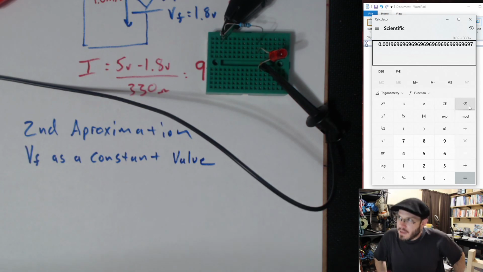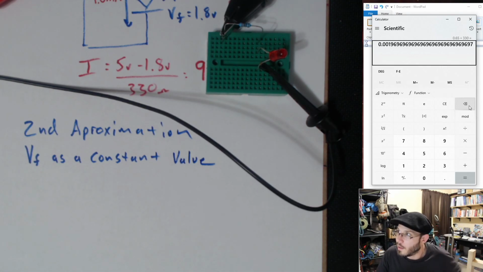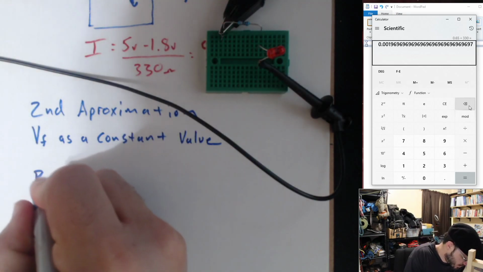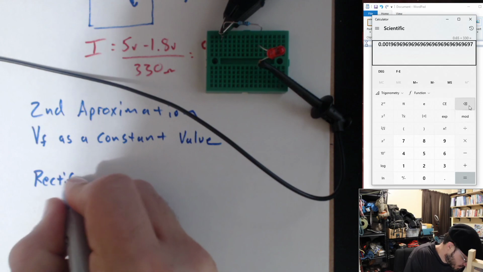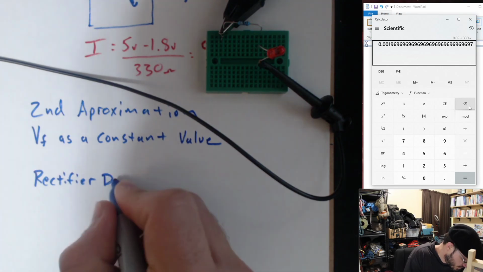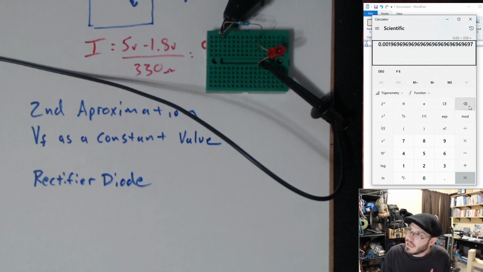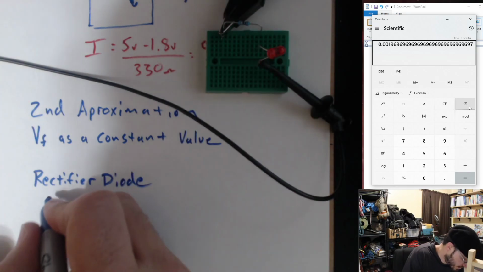Okay, let me give you some general rules of thumb for different diodes. Rectifier diodes, generally speaking, are constructed out of silicon and have a nominal forward voltage of about 0.7 volts.